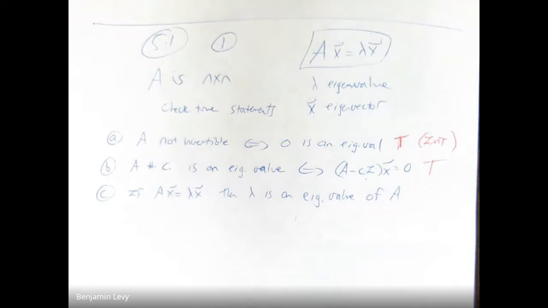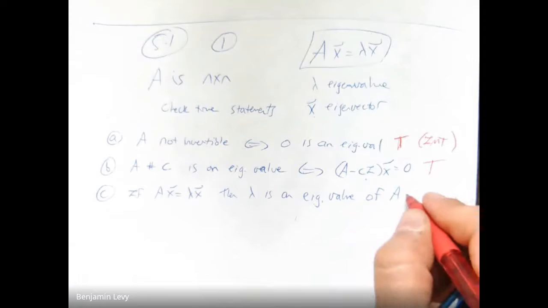Yeah, this is the tricky part because it's not specifying that x isn't 0, I think is the tricky thing there. Yeah, that's it. So this is why you're right.